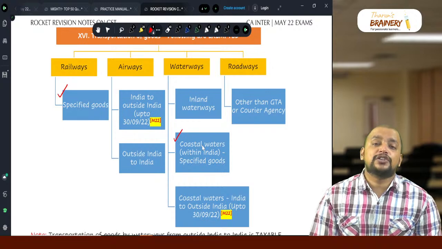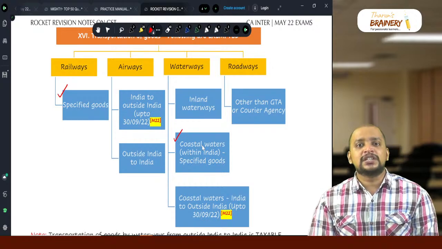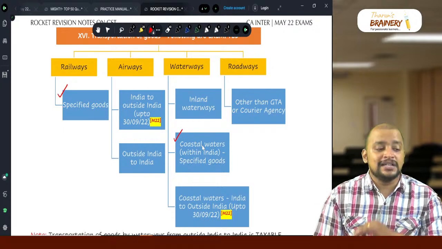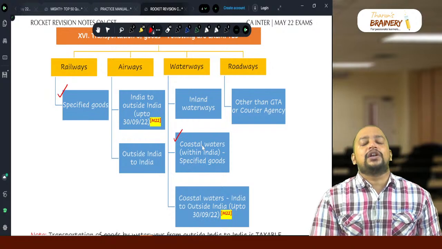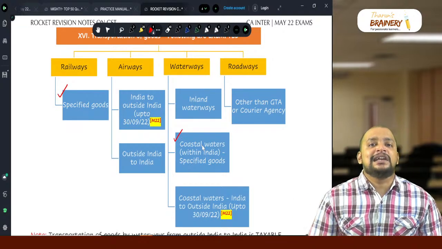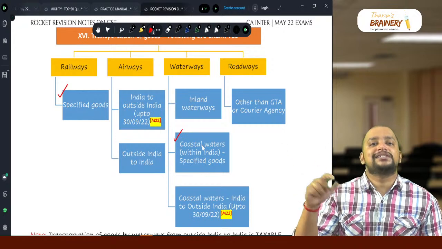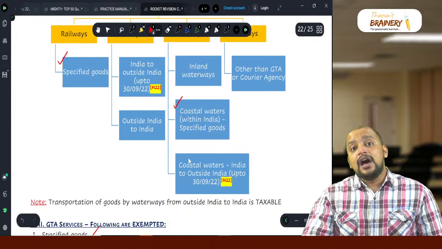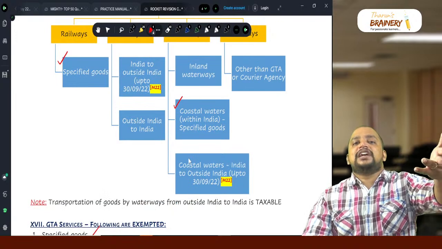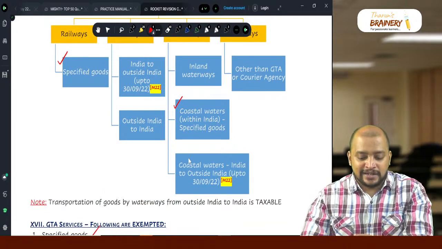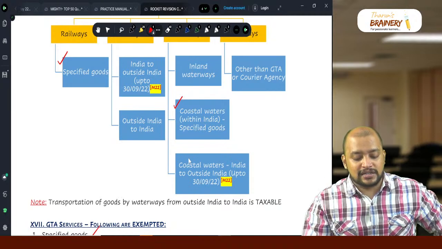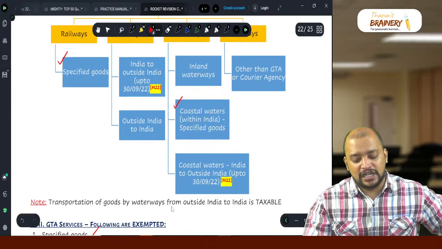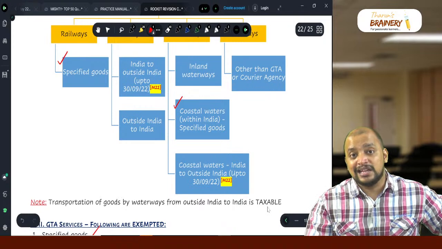So transportation of passengers as well as goods by inland waters, that is river, is exempted, whereas coastal waters between places in India, specified goods exempted, other goods will be taxable. Then coastal waters, India to outside India is only exempted, but outside India to India we don't have here, which means that will become taxable. So transportation of goods by waterways from outside India to India is taxable.